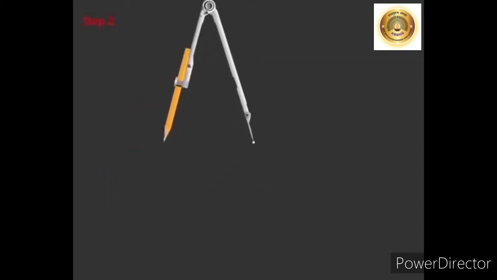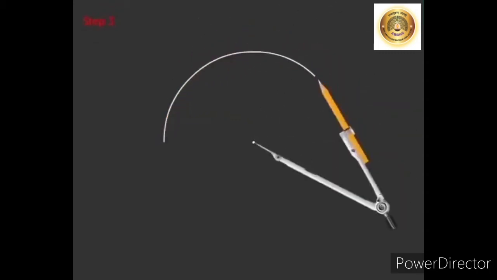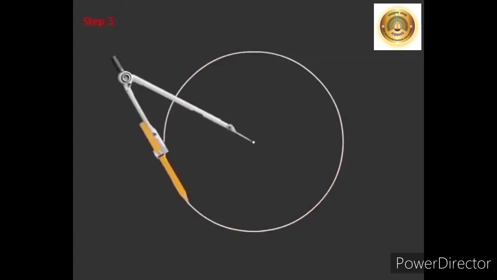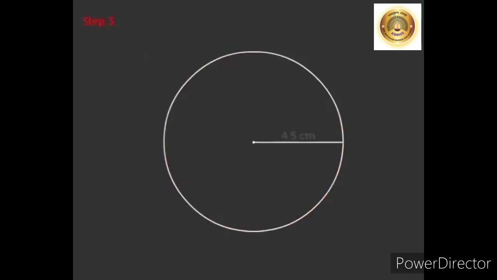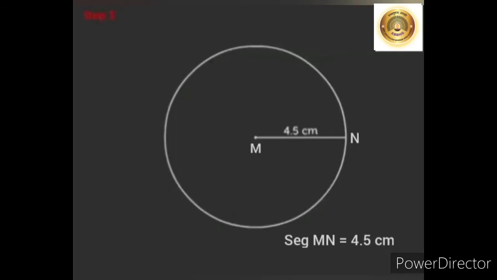Now take a point on the sheet. Place the metal tip on the point and turn the pencil around it. Now this is your circle. And this is your radius, 4.5 centimeter.